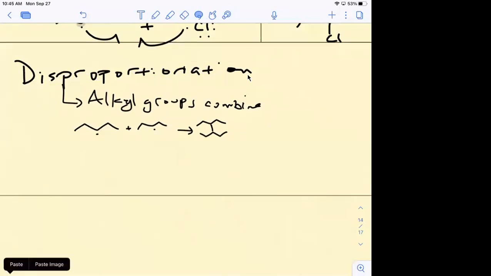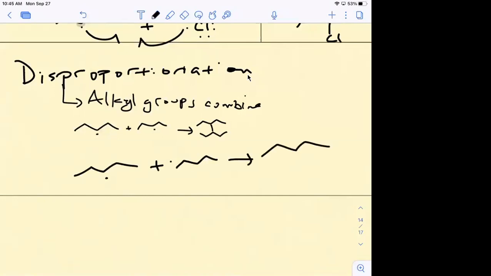Let's say you combine this with this, where the radical is here, then you end up with a product that looks like this, which is not the product you're trying to make.